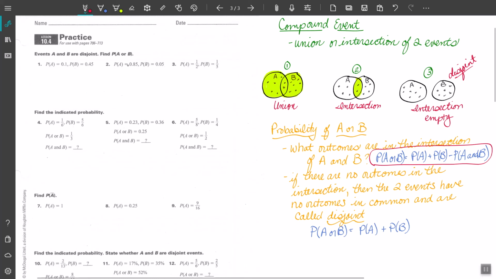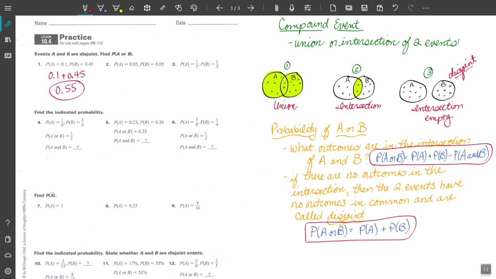They want us to find the probability of A or B. Since they're disjoint and they do not share any outcomes in common, we are going to use this formula right here, where if we want the probability of A or B, which is what they've asked us for, all we have to do is take the probability of A and add it to the probability of B. So that would mean we're taking the probability of A here, adding it to the probability of B to get the probability of A or B happening being 0.55.